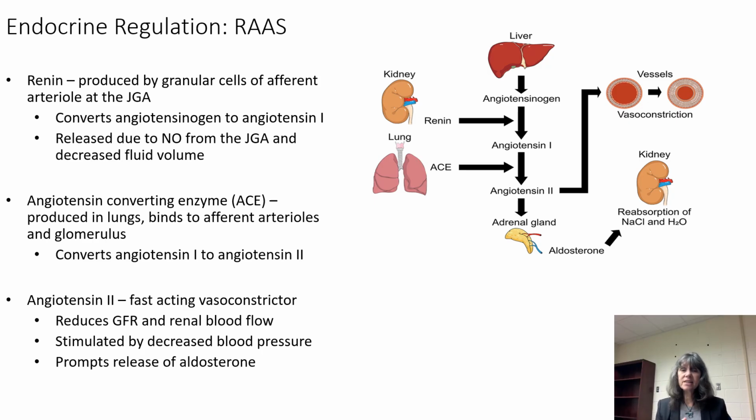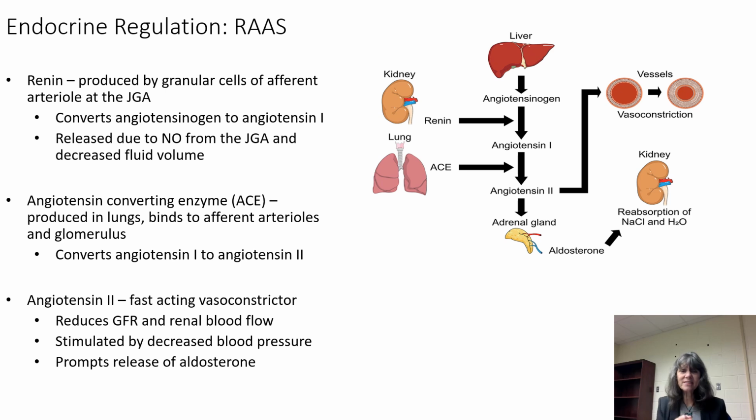So angiotensin converting enzyme, which is produced in the lungs, will also cause the conversion of angiotensin 1 into angiotensin 2, and it binds to the afferent arterioles and the glomerulus, converting angiotensin 1 into angiotensin 2.